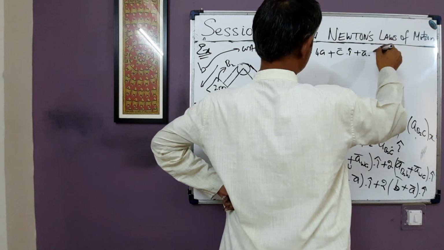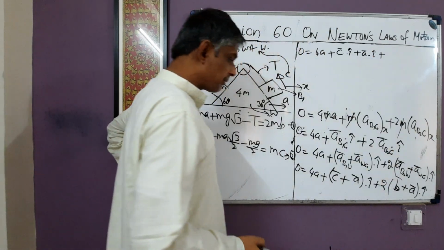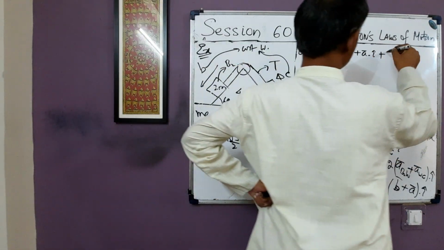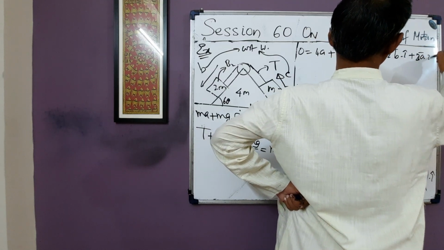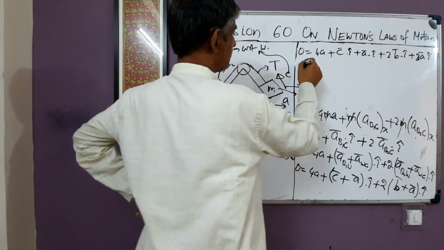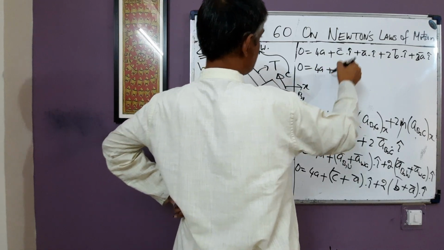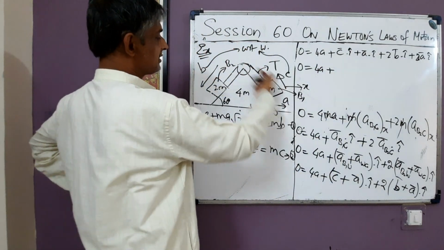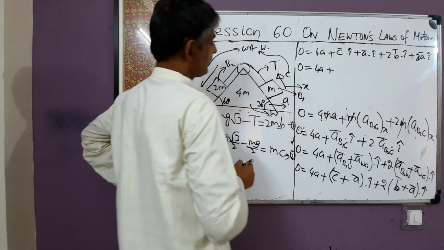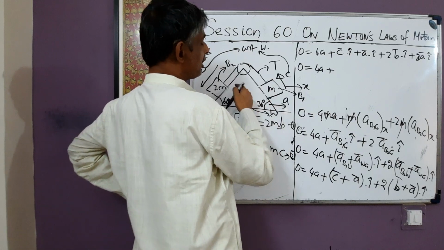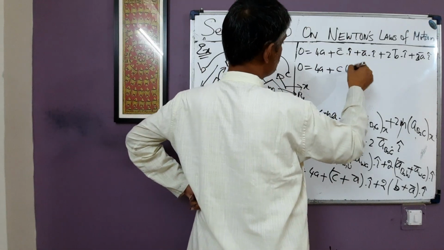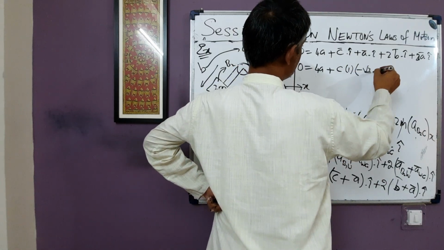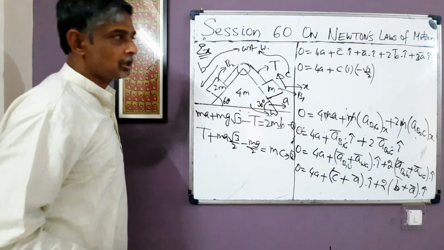C dot i hat plus A dot i hat, plus 2 times B dot i hat plus 2 times A dot i hat. 0 is equal to 4a plus, what about C dot i hat? C is in this direction, i hat is that direction. Angle between C and i hat will be what? This is 30, so the angle is 150 degrees. So this becomes C into 1 into cos 150 degrees. Cos 150 degrees becomes minus root 3 by 2.